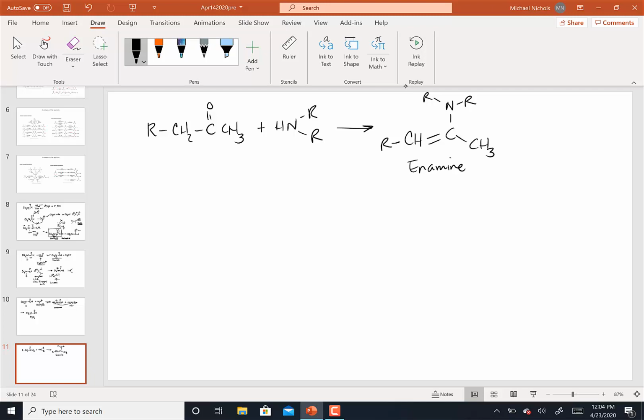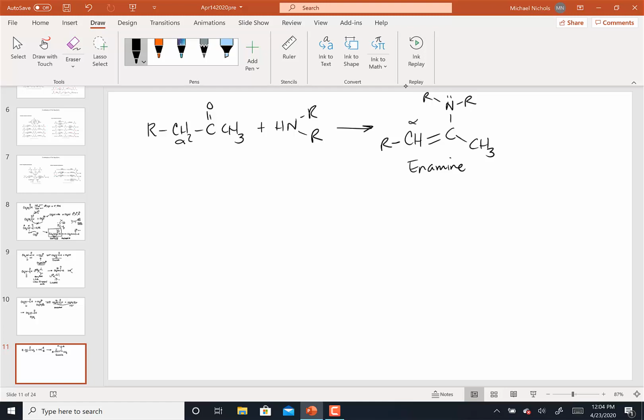Now take a look at that enamine. It has the same structural feature here of an enol, and I can actually do an alkylation using an enamine in order to alkylate what was the alpha carbon, the one that's next to the carbonyl.